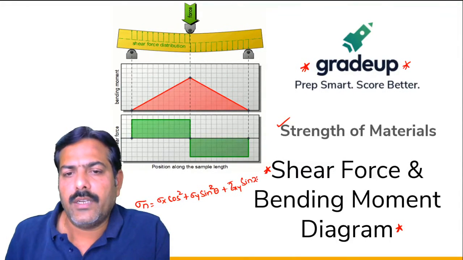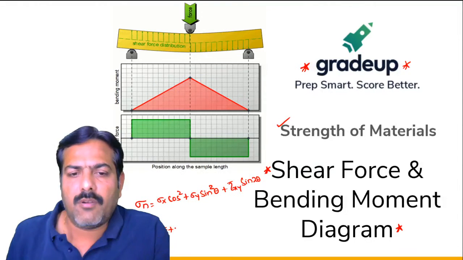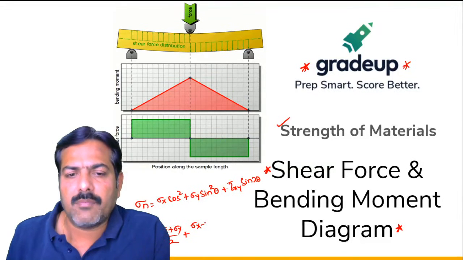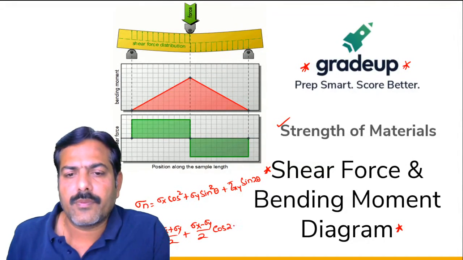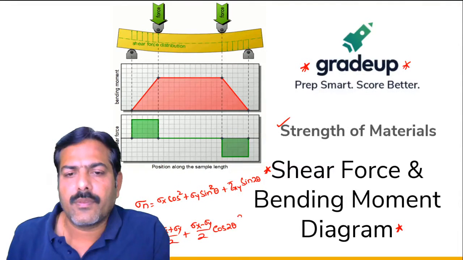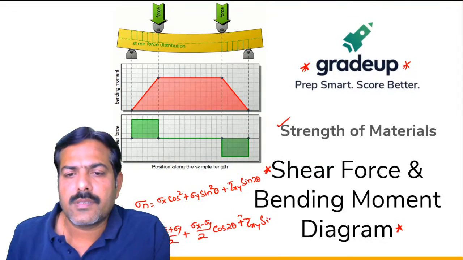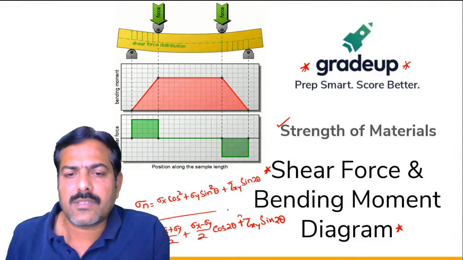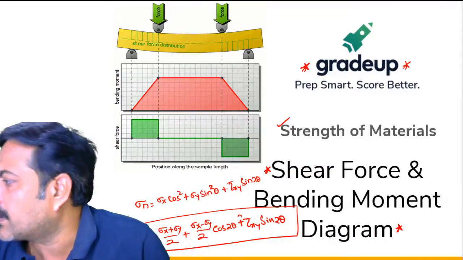If I want to write down in terms of 2 theta, this will also become sigma x plus sigma y by 2 plus sigma x minus sigma y by 2 cos 2 theta plus tau xy sin 2 theta, my dear friends. So writing cos square theta and sin square theta in terms of cos 2 theta, this will be the answer.